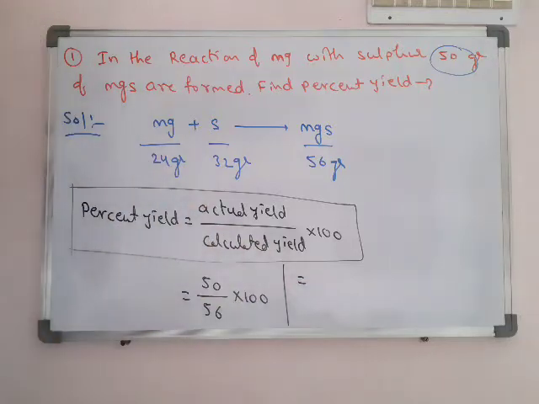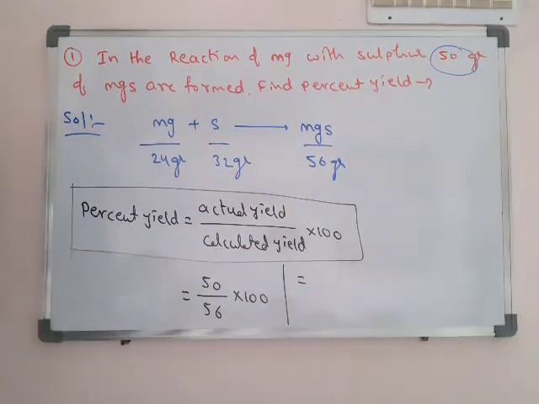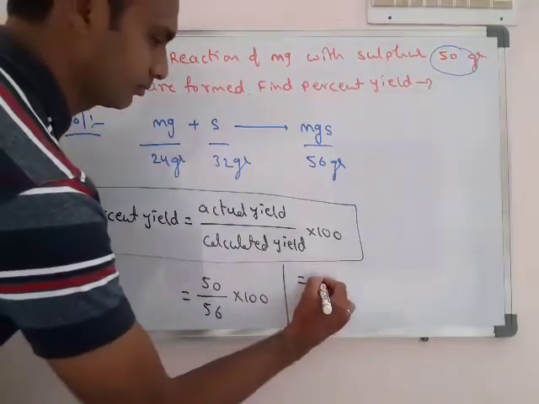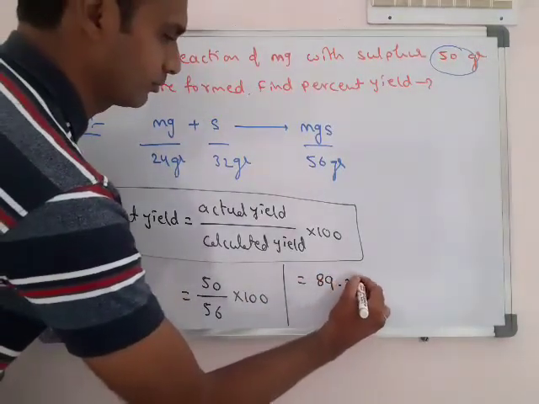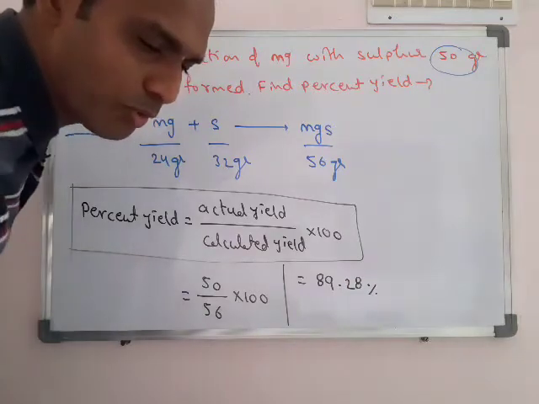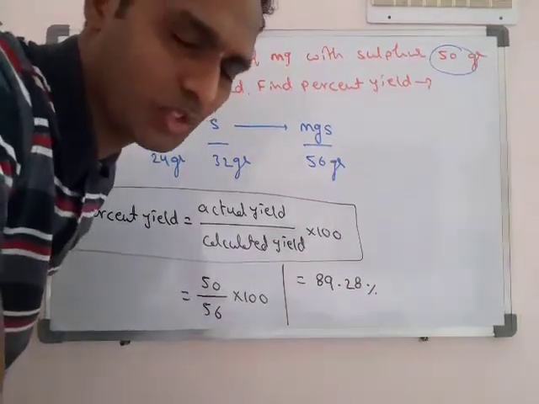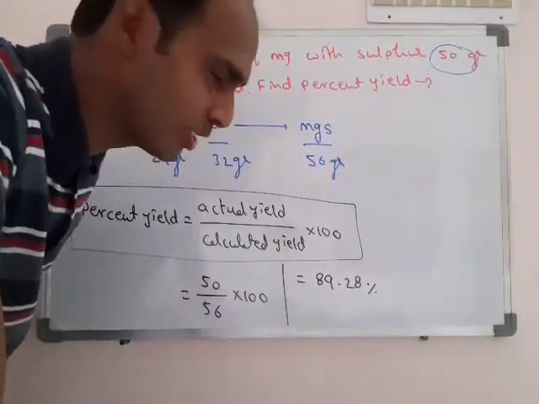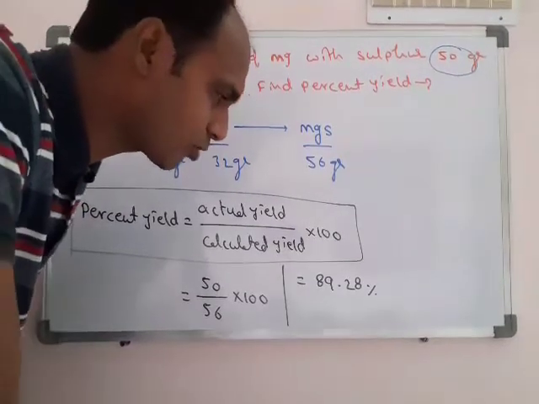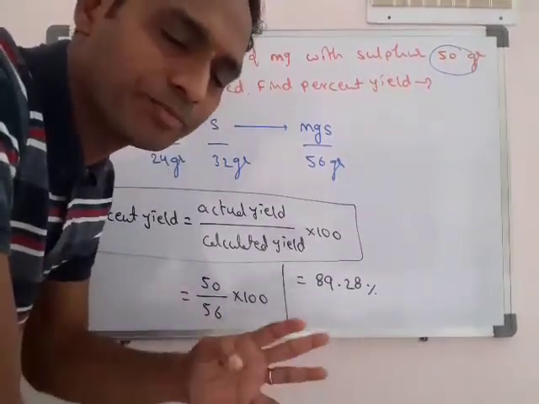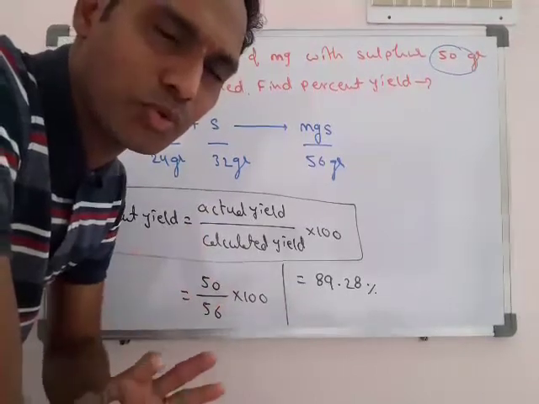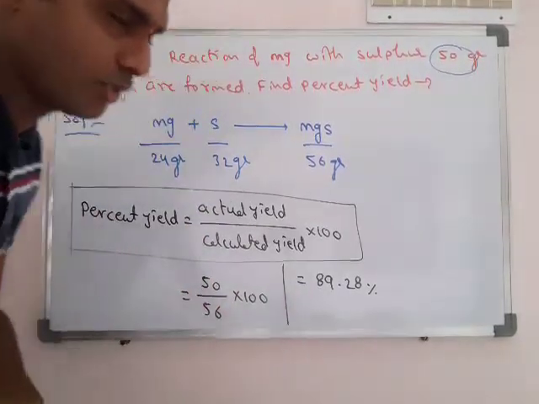On this calculation we will get 89.28. Meaning there is a good amount of compound formed. 100% formation is impossible. So 80, 90, approximately 90% is formed, so it is the best amount of percentage yield. Okay.